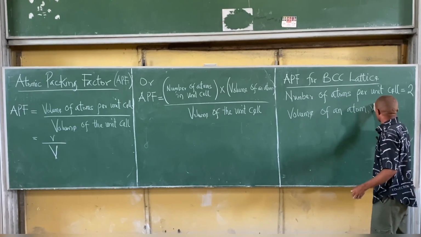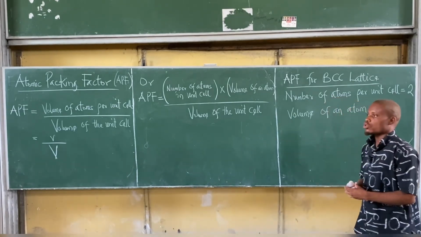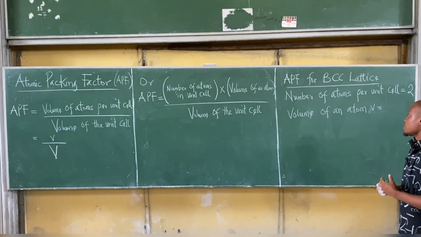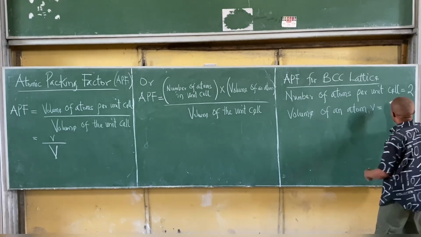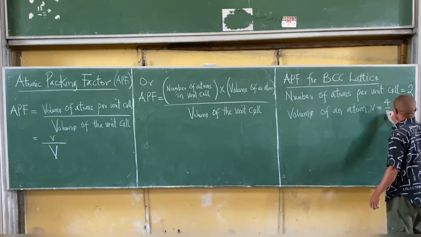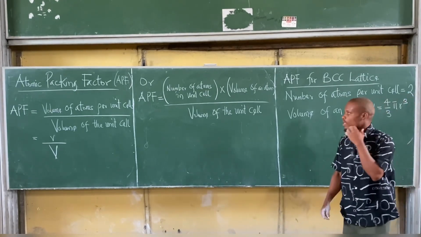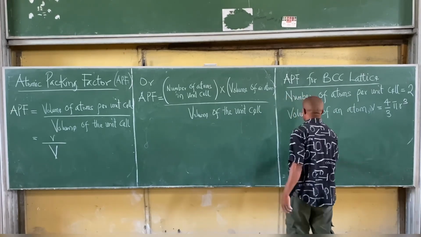An atom is spherical in shape, therefore the volume of a sphere is 4/3 pi radius cube. And finally, the volume of the unit cell.